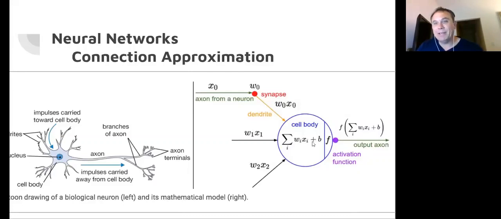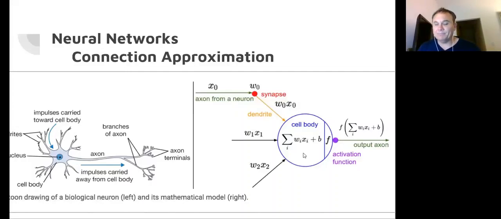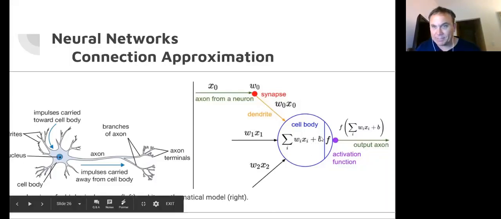And then there's this B, okay, which if all of these inputs are 0, then do we want our cell's input to be 0? Not necessarily. We want it to have some kind of excitation. So we throw in this bias, this B, which in this case is not showing that it's having a weight.